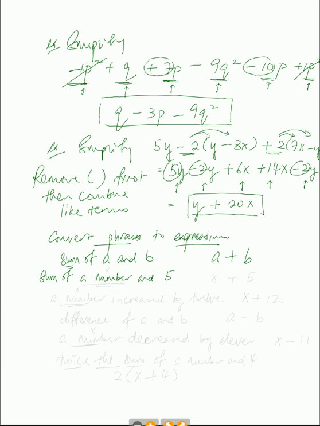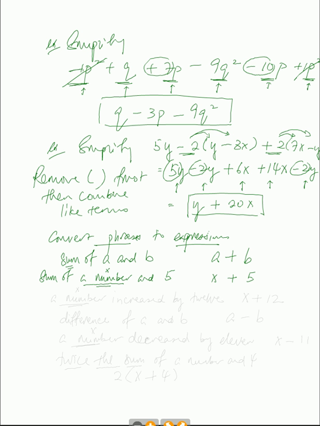So you understand that there is an unknown, and the unknown is a number. So since it was not specified what letter you need to use, the common letter we choose is X. So basically we're letting X be the number. Okay, so sum means addition, number, we're going to use X to represent, and so followed by 5.